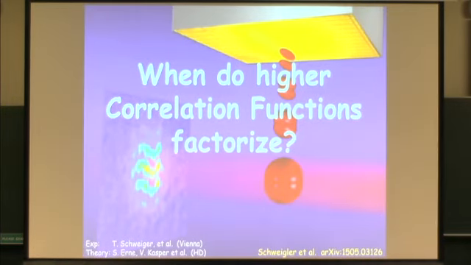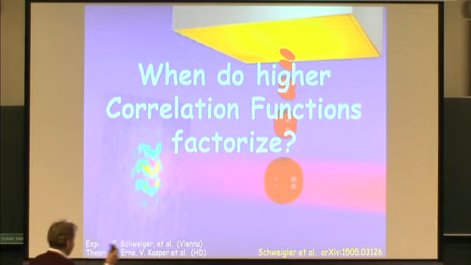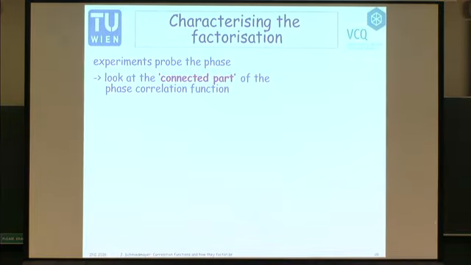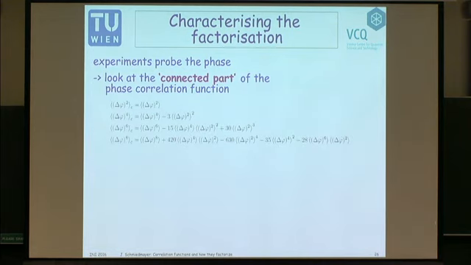Now, as I showed you, we can measure this correlation function, and we can measure higher and higher orders of it. The question is: do these correlation functions factorize? And how do we characterize whether higher order correlation functions factorize? Let's look at statistics. You can characterize the factorization of a correlation function by the connected part of the correlation function.